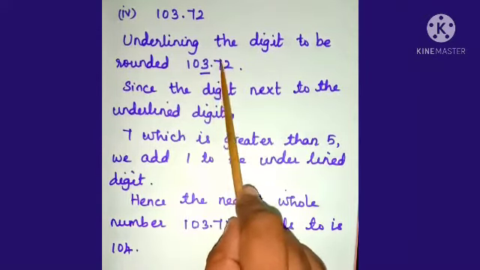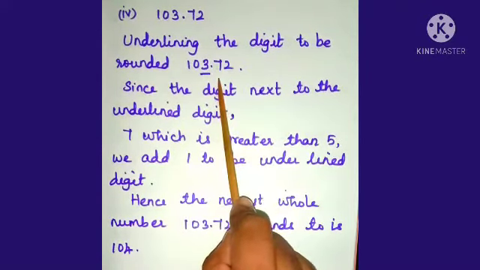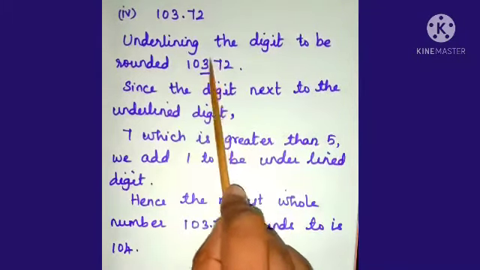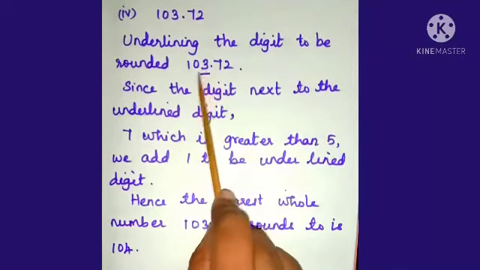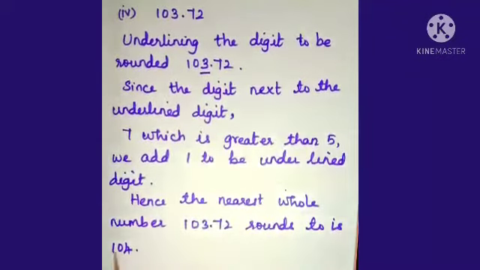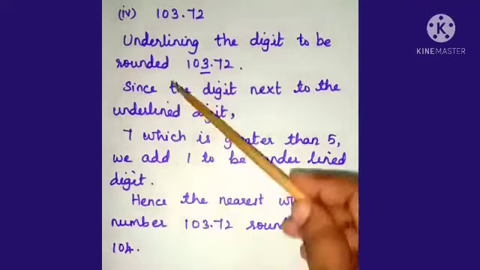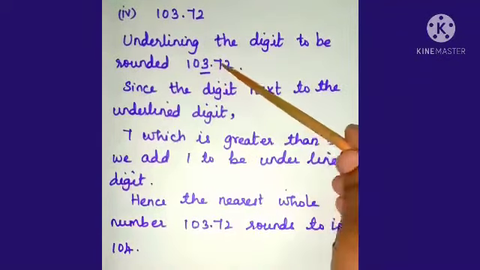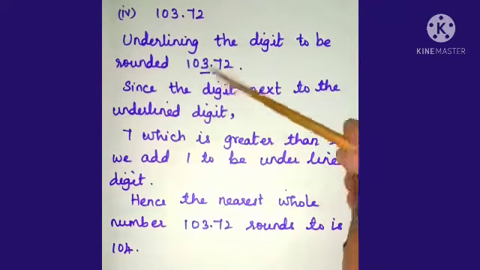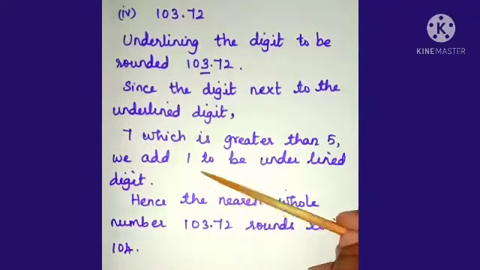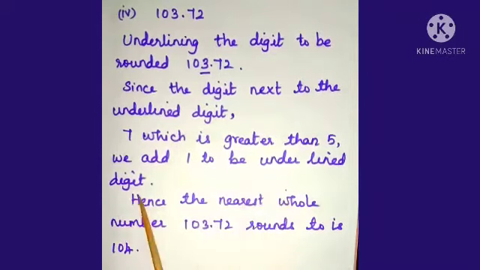Here 7 is greater than 5. So what do we have to do? Yes, we have to add 1 to the underlined digit. So the answer will be 104. Write down, since the digit next to the underlined digit is 7, which is greater than 5, we add 1 to the underlined digit. Hence the nearest whole number 103.72 rounds to is 104.